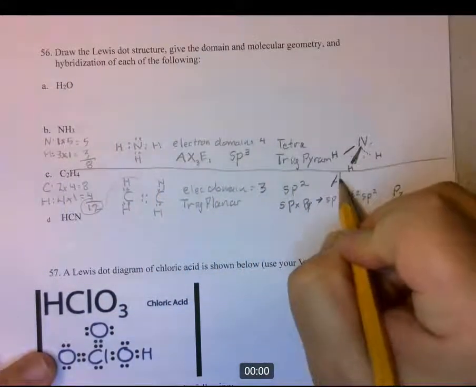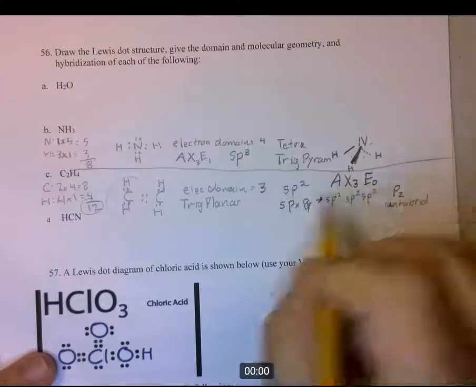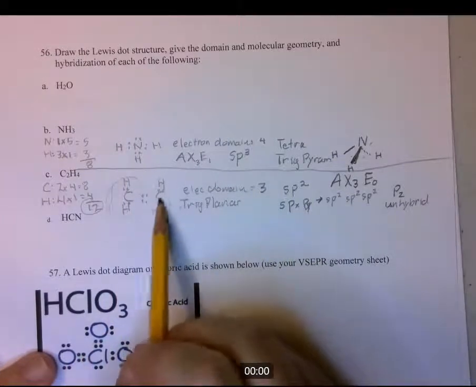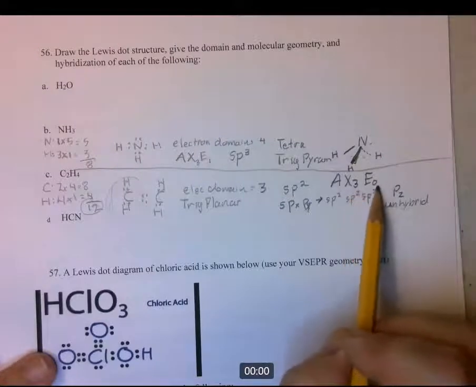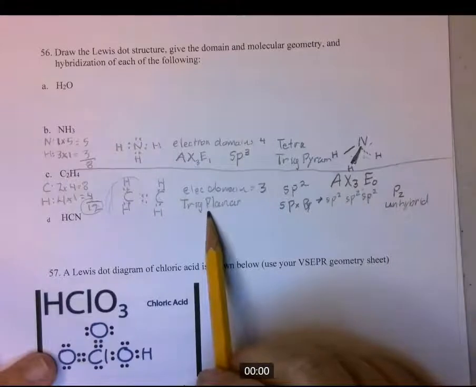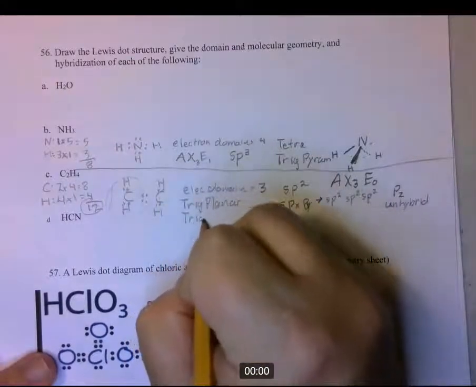So it's AX3E0. We're just talking about this carbon, but everything we're saying for this carbon applies to this carbon over here. They're both central atoms. So anytime you have an E0, then that means the domain geometry and the molecular geometry, in other words, the actual shape, are the same. So this is also trigonal planar.